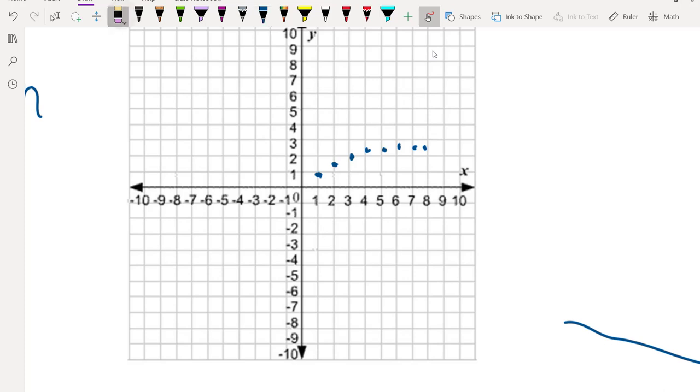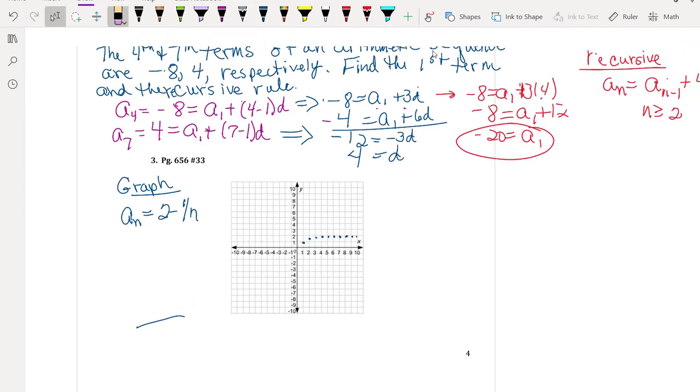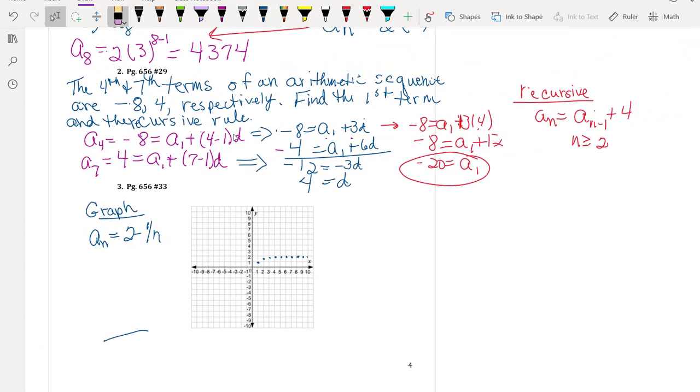I think it skirts right along 2 is what it should do. So it should look like that. And you don't want to connect them at all. Okay? So that's what that looks like. Okay, so that ends our notes for section 9.3.